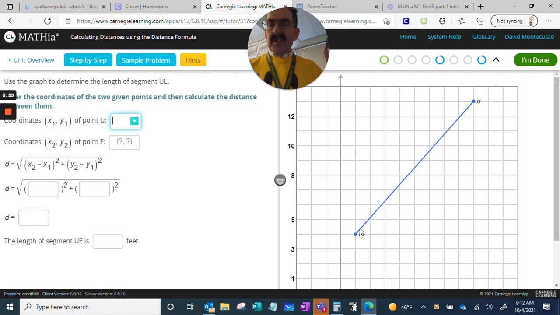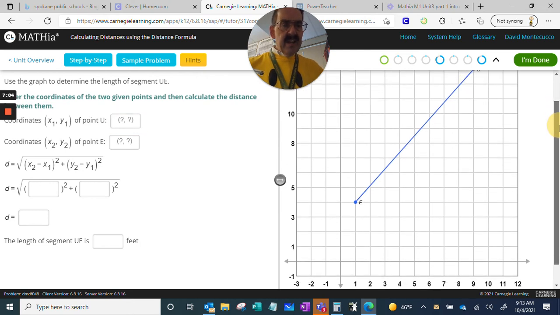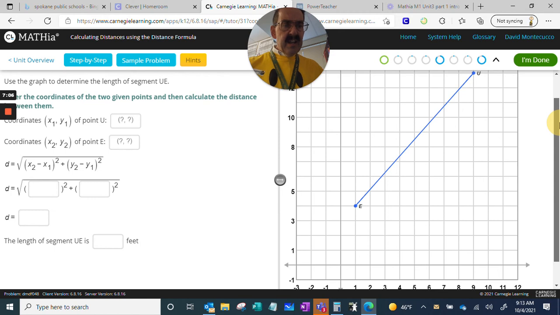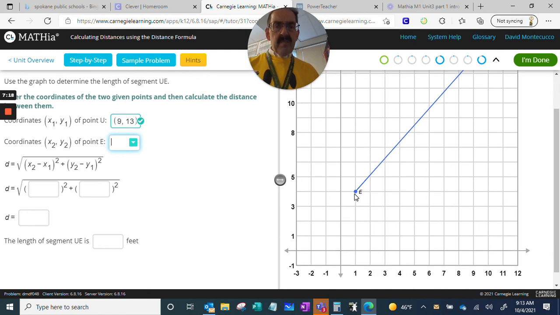The distance, so E, the distance of U. Okay, so it looks like a 11, 12, 13. 9, 13. I like that. So shift 9, 13. And this other one is going to be a 4, 1, 4.